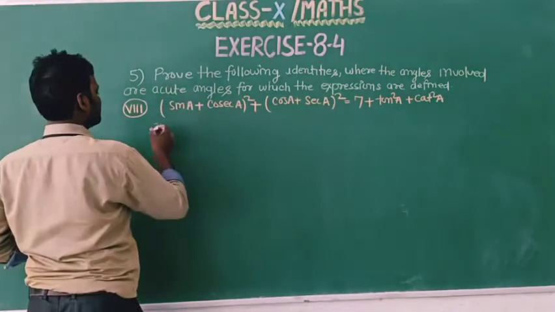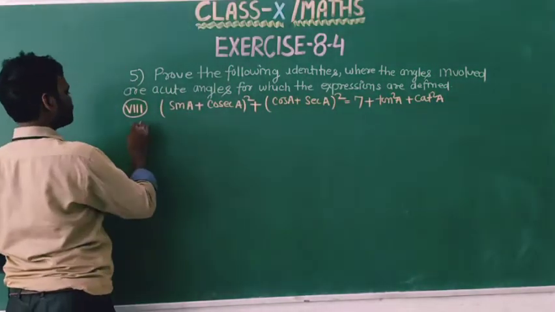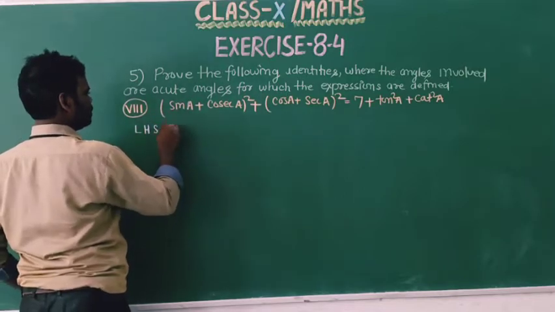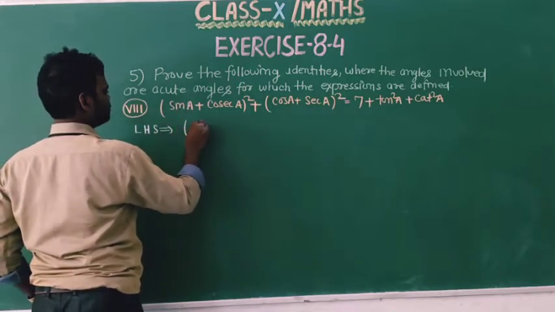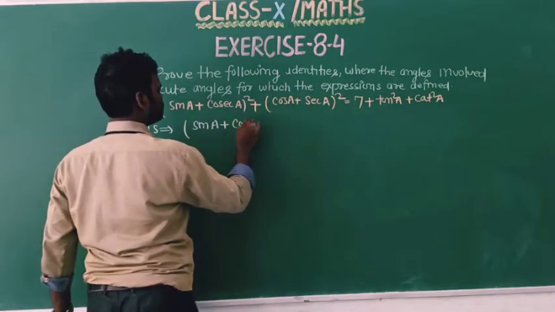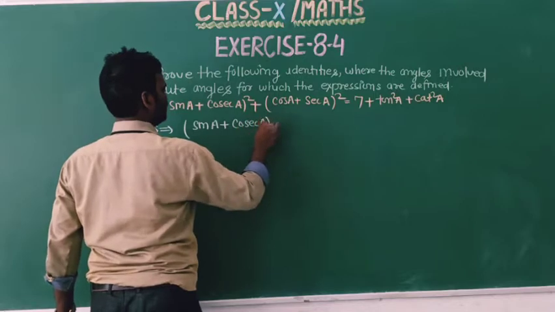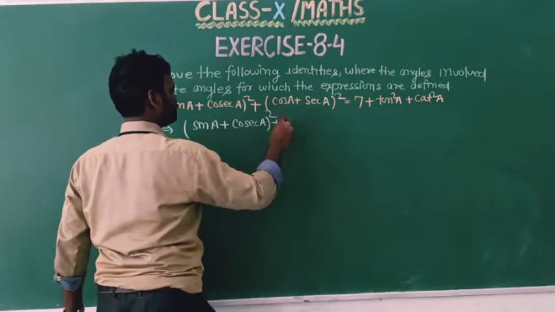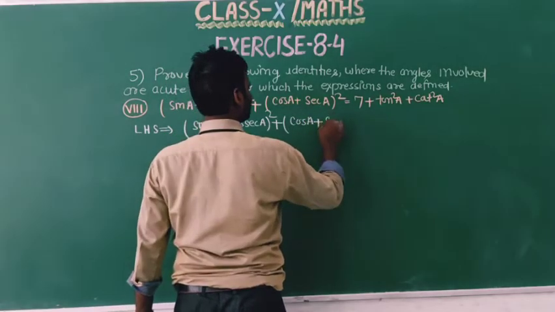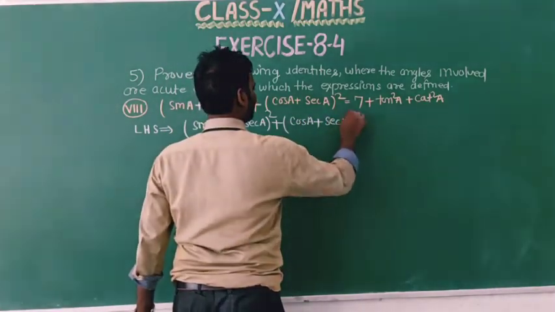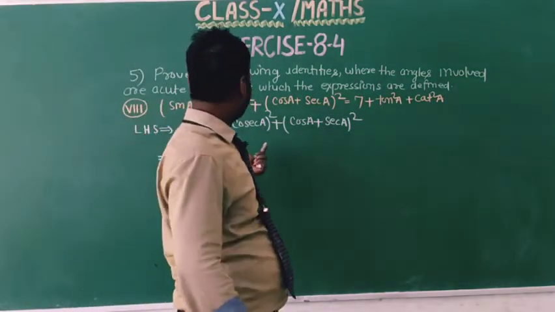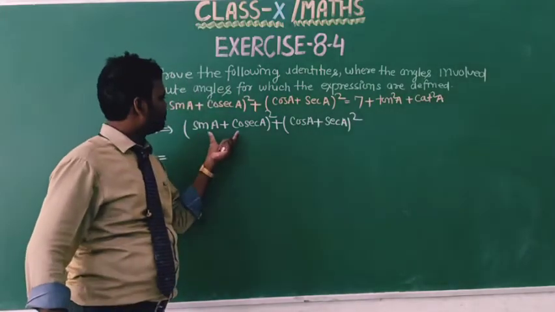So LHS, this is (sin a plus cosec a) whole square plus (cos a plus sec a) whole square.